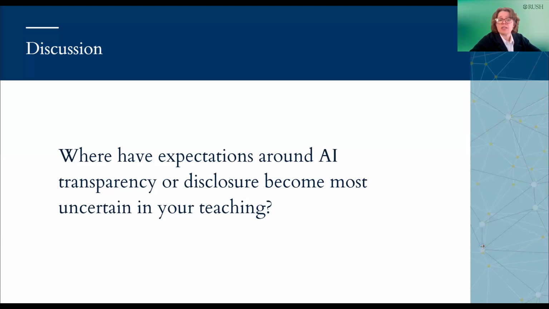And I'll read the question here. Where have expectations around AI transparency or disclosure become most uncertain in your teaching? Feel free to respond verbally or in the chat. We'd love to hear particular examples or just questions or concerns you have about AI transparency and disclosure.